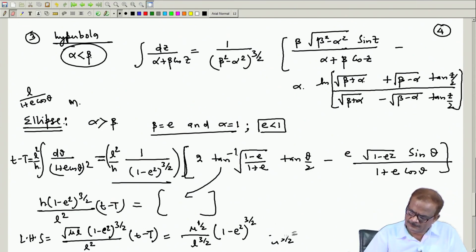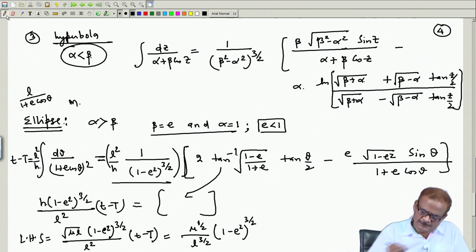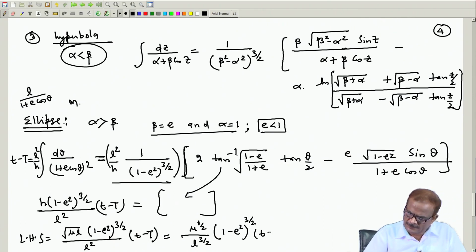So, that term also we add. This is t minus t naught, and we know this quantity is nothing but n times (t minus t naught).